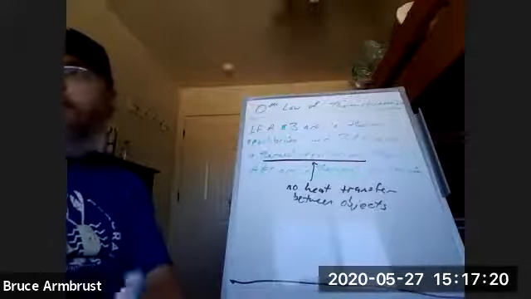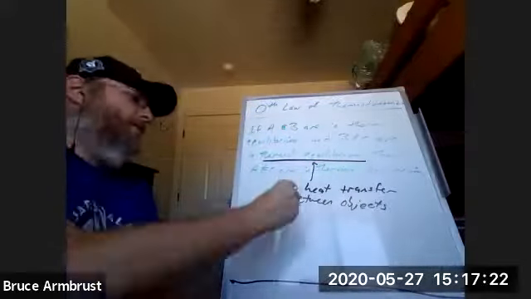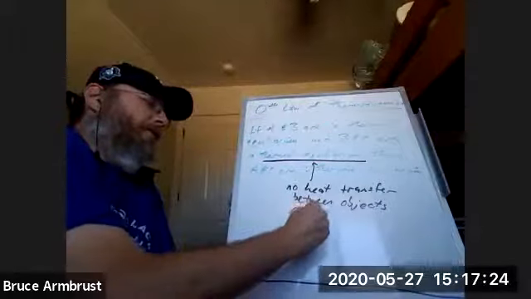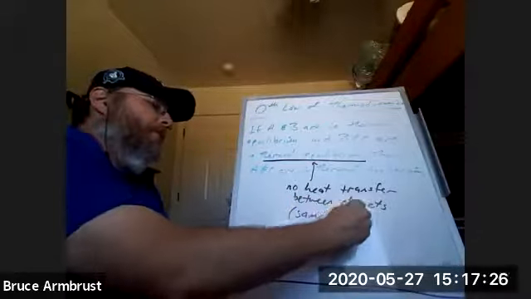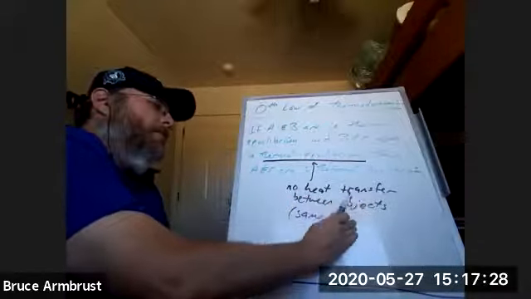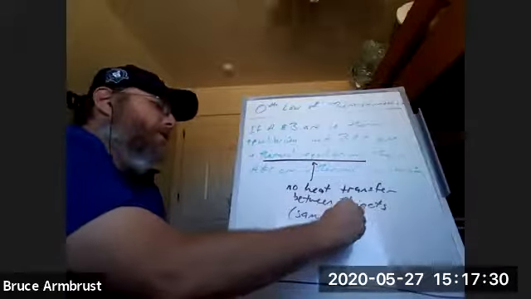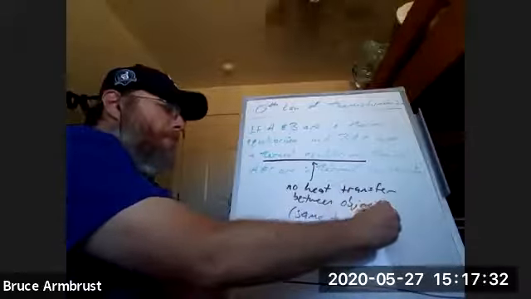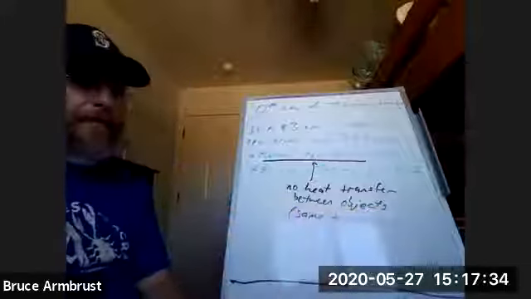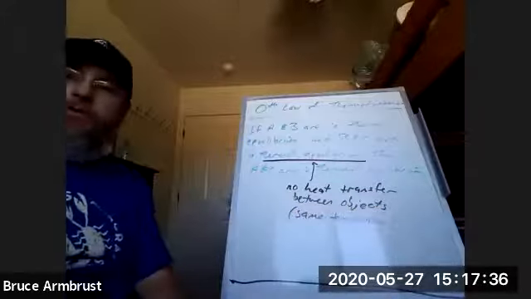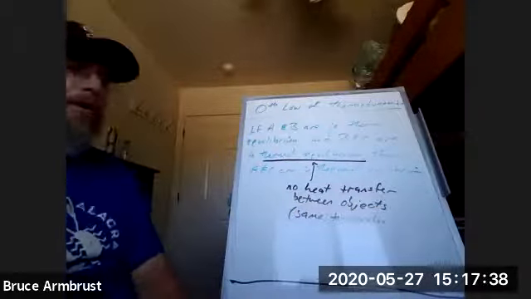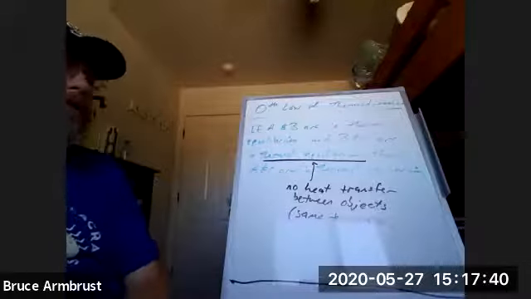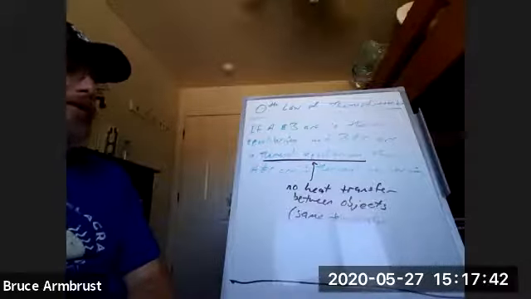Now, in terms of what this really means, it means that they're the same temperature. So that's how we use temperature. We use it to gauge thermal equilibrium. If two objects have the same temperature, then they are in thermal equilibrium.